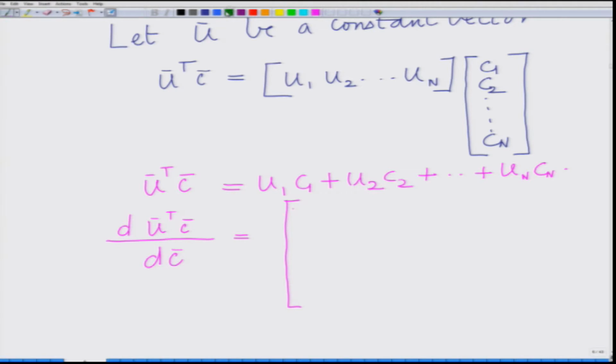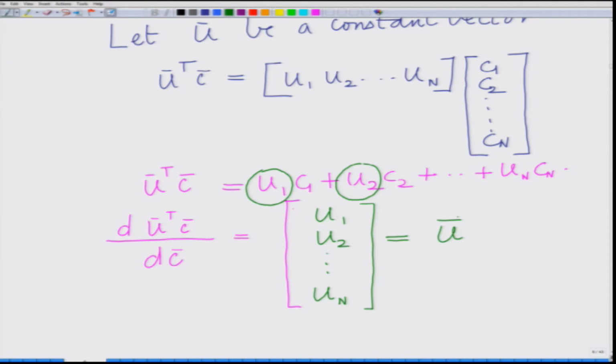Now, you can see this is nothing but the derivative with respect to C 1, which is u 1, with respect to C 2 the partial derivative is u 2, so on, with respect to C n the partial derivative is u n, and therefore, this is equal to nothing but the vector u bar.